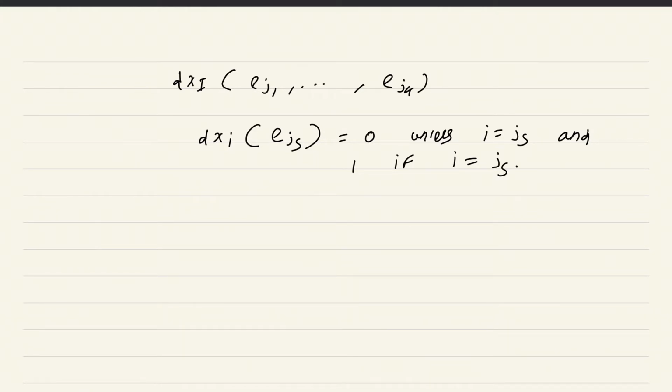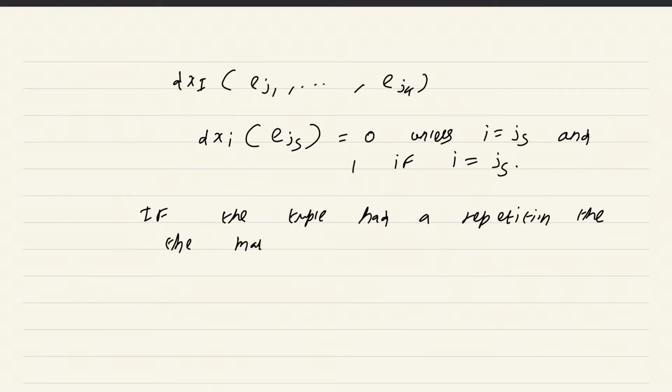So what this means is, if the tuple had a repetition, then the matrix will have two columns the same.